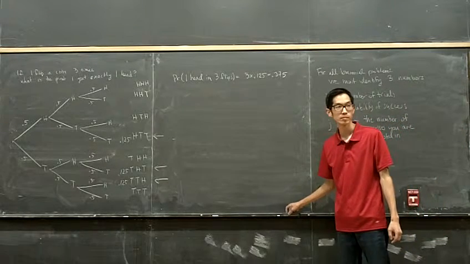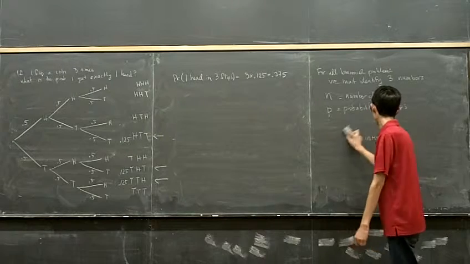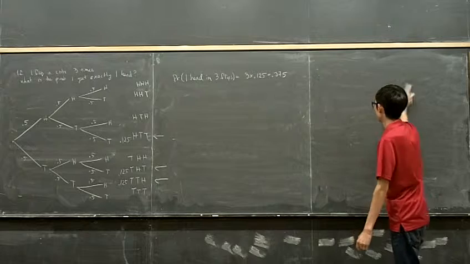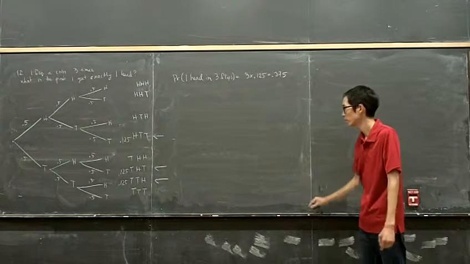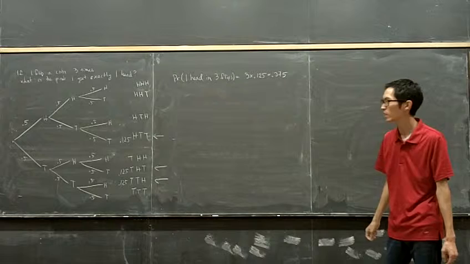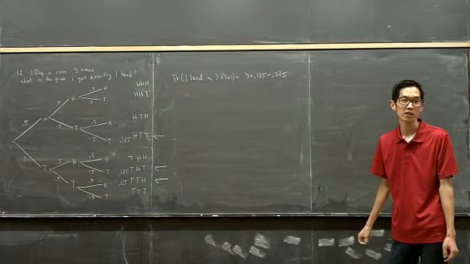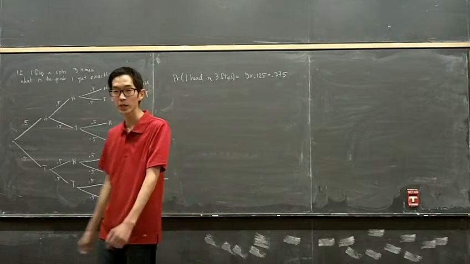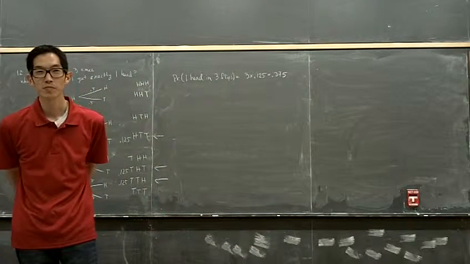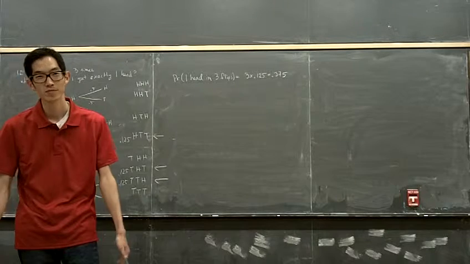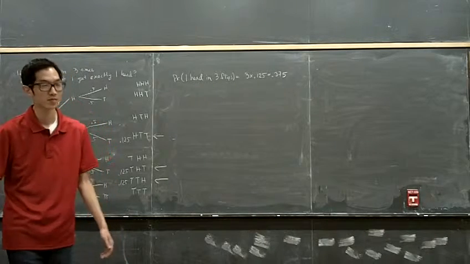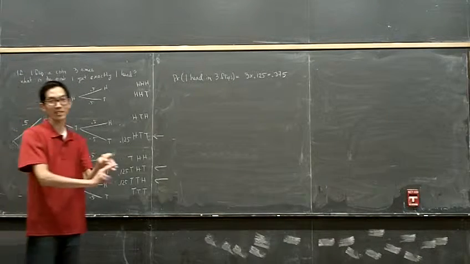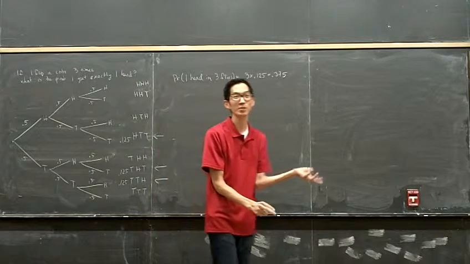Is that okay? What's the probability of getting exactly one tail? Same, isn't it? 0.375. What's the probability I get exactly 2 heads? That's the same, 0.375, right? Because the probability of getting 2 heads is the exact same thing as the probability of getting one tail.